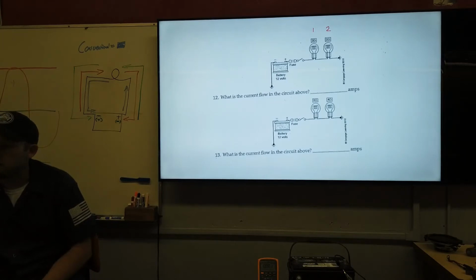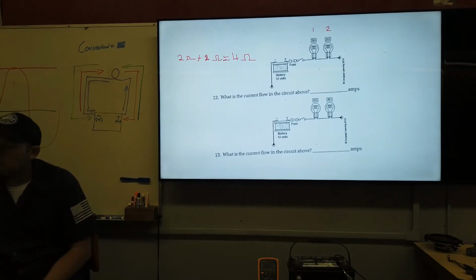So 2 ohms plus another 2 ohms gives me a total of 4 ohms.